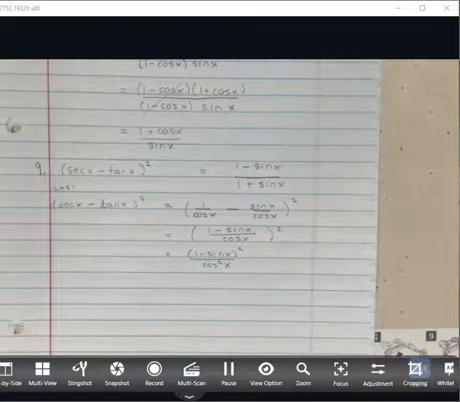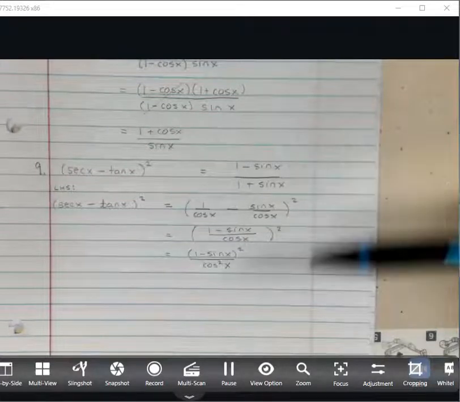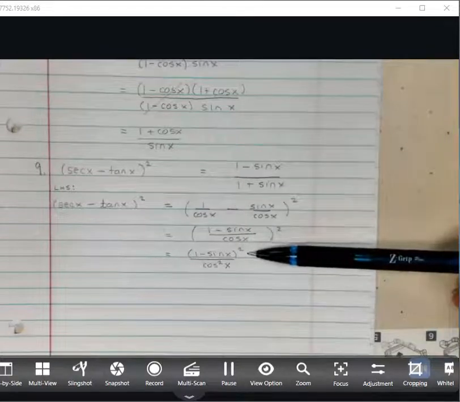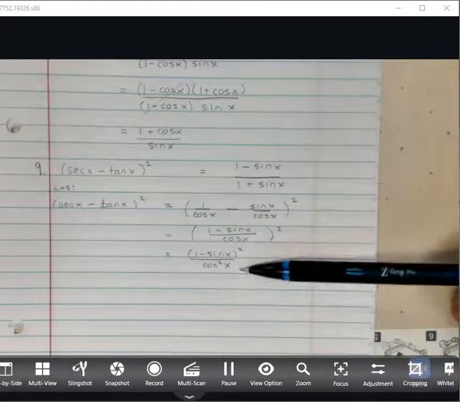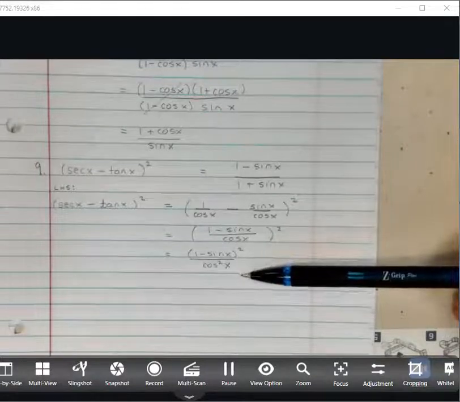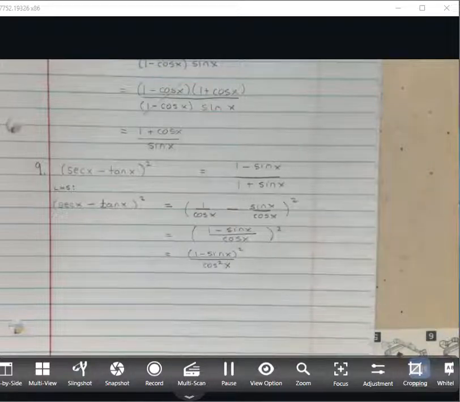Now, I don't want to multiply the top out because look what I'm trying to end up with. I'm trying to end up with a 1 minus sine of x. I happen to have a pair of them, but I'm going to keep it factored. Instead, I'm going to replace the cosine squared. Cosine squared can be written as what? 1 minus sine squared. Cosine squared is 1 minus sine squared.